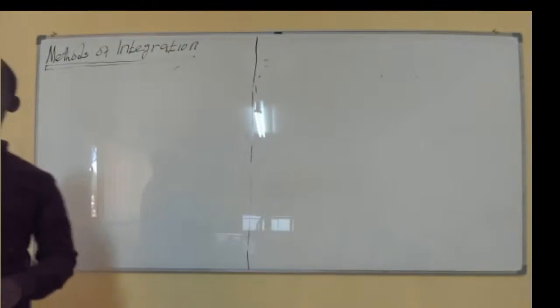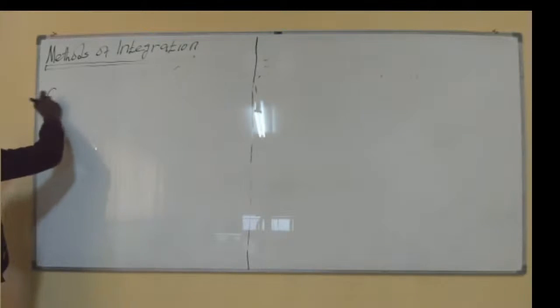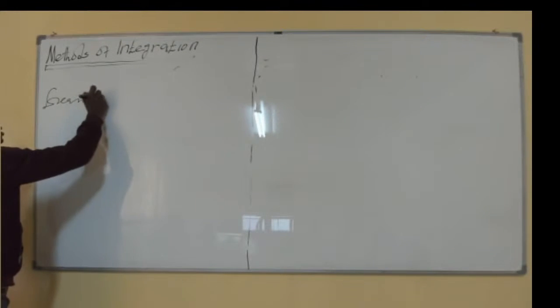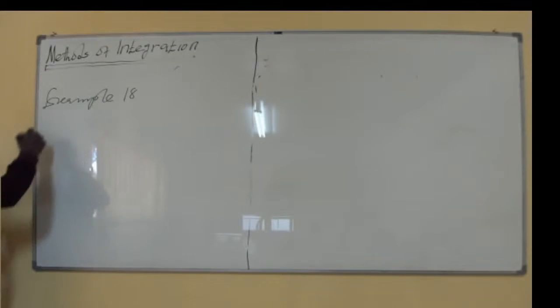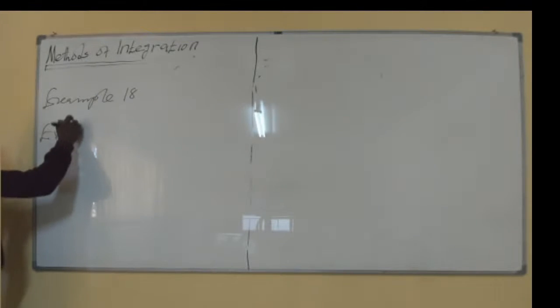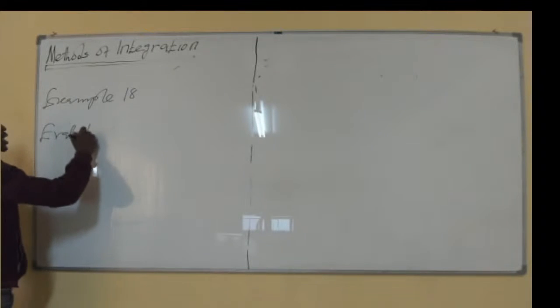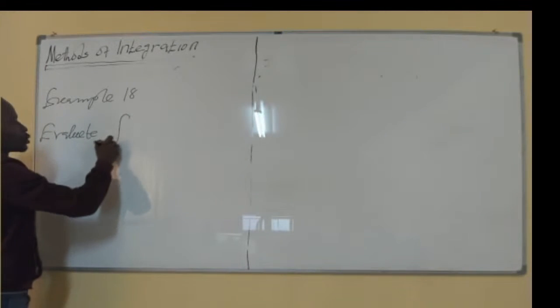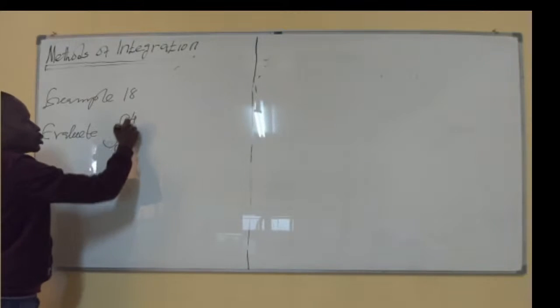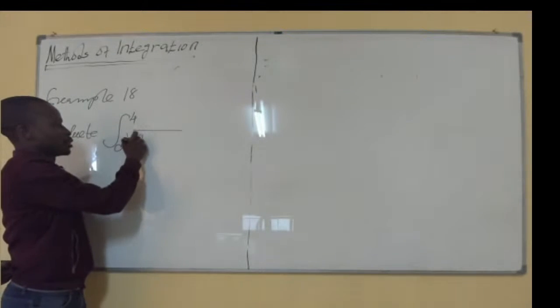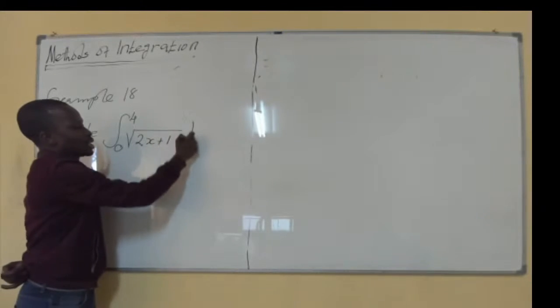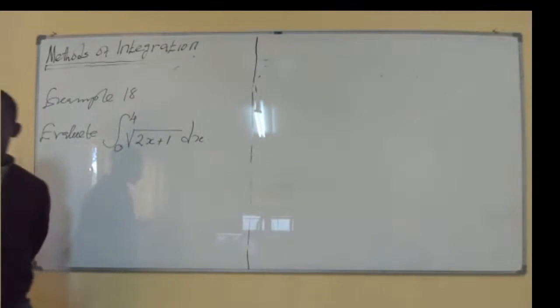Okay, let's look at this. Now we have example number 18. They are asking us to evaluate the integral from 0 to 4 of the square root of 2x plus 1 dx.